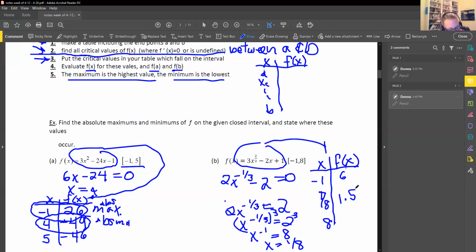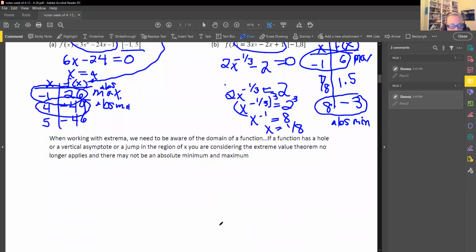And I do 8, I get -3. Okay, so once you have the values, it's real simple, right? Pick the lowest for the minimum. So this is the absolute min right there of -3, and the absolute maximum value is 6. Okay, they happen to both occur at the endpoints there.